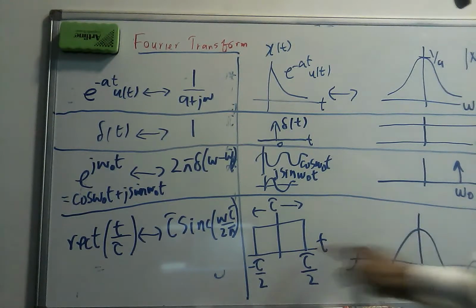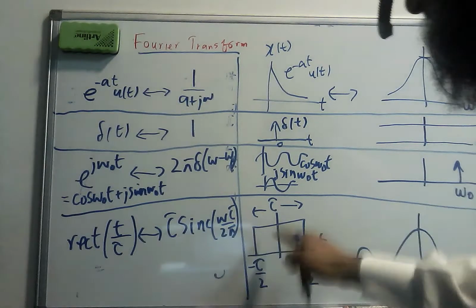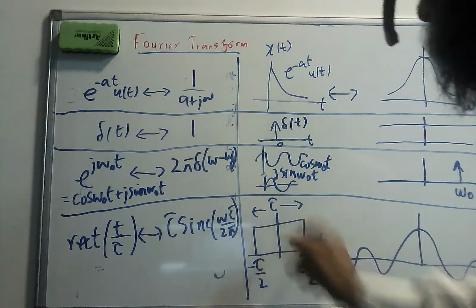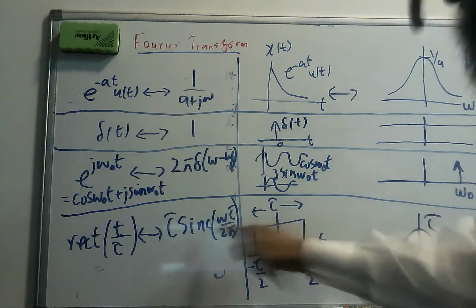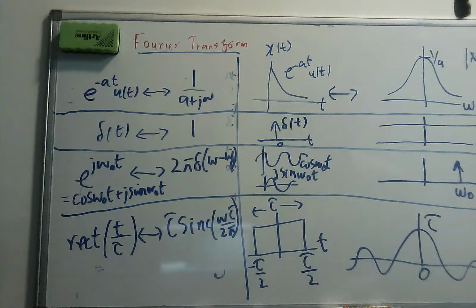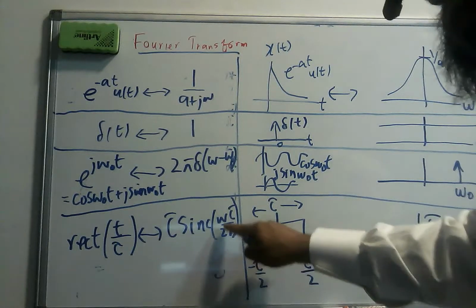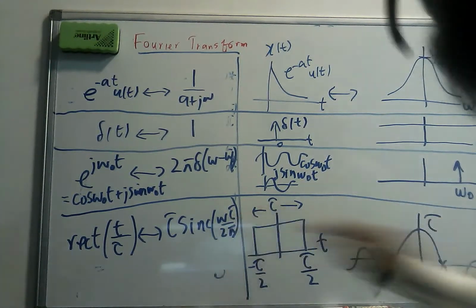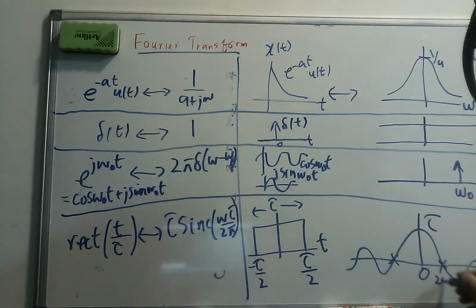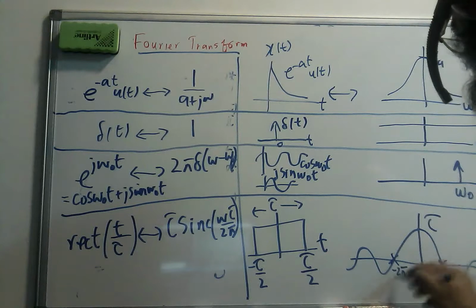Now, how to draw this sinc function? The width goes to the amplitude. So the amplitude of the sinc is tau at 0. And the first crossing is at 2 pi by tau, and this is minus 2 pi by tau.